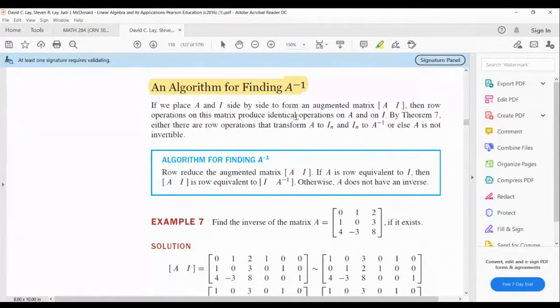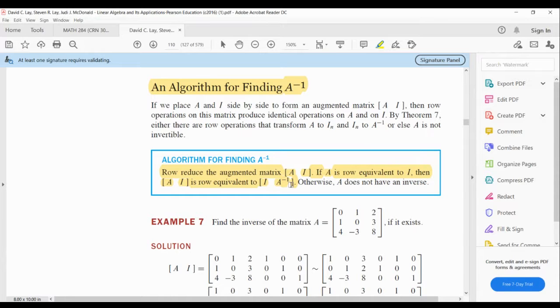But first, let me just show you the algorithm. So, all right, what you do is you create a matrix where the matrix has matrix A and the identity matrix in it.